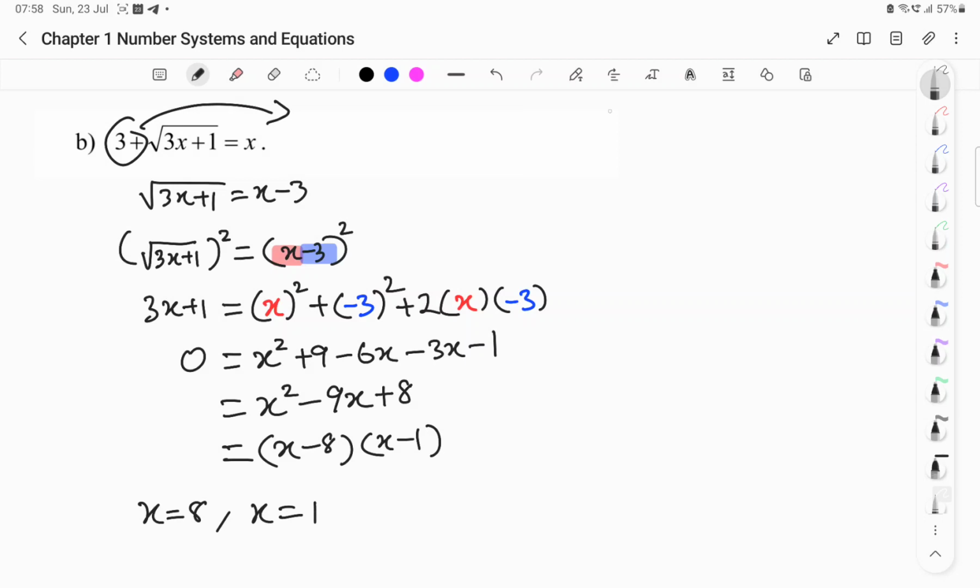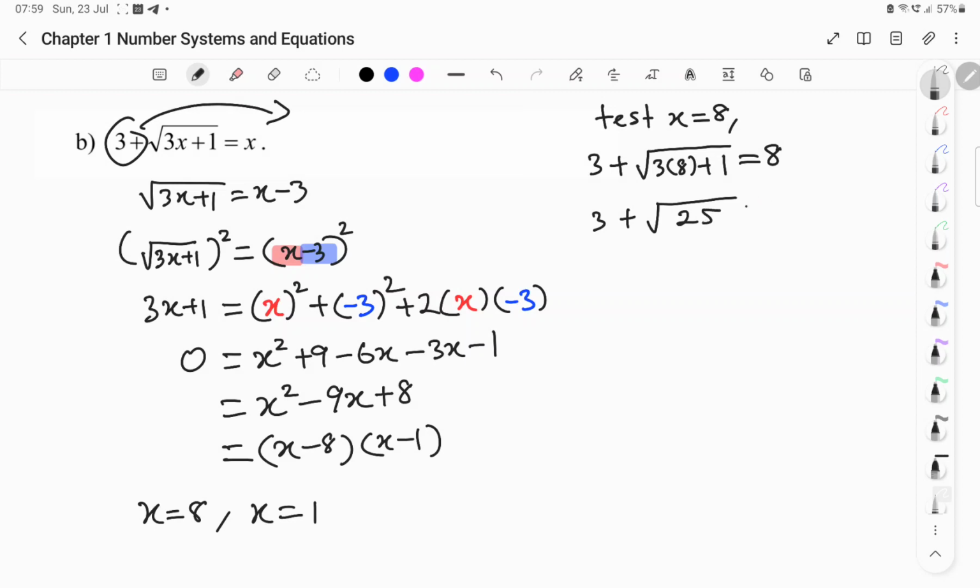third equation. So we need to test for the first one. Okay, we need to test for x equals 8. Okay, so just put the left hand side original function inside. Okay, 3, 8 plus 1 equals to 8. Okay, so what's this? 3, 8, 24 plus 1 is 25.